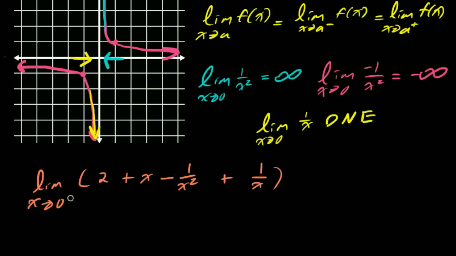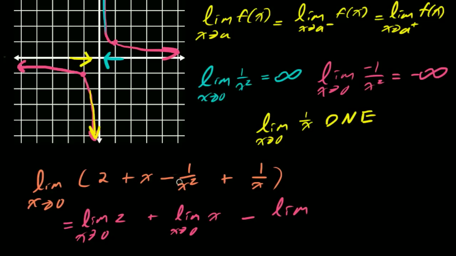And so now we can still use that rule a little bit, where we distribute this limit operator into this problem. We can say that that is equal to the limit as x approaches 0 of 2, plus the limit as x approaches 0 of x, minus the limit as x goes to 0 of 1 over x squared.